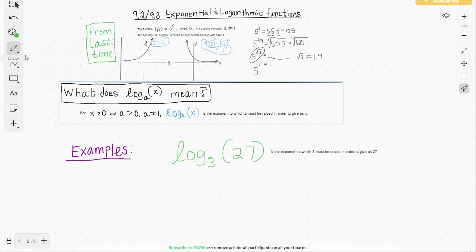So, in other words, we have to solve the equation 3 to the x equals 27, where x is this quantity right here. So log base 3 of 27 is the solution to this equation, 3 to the x equals 27.